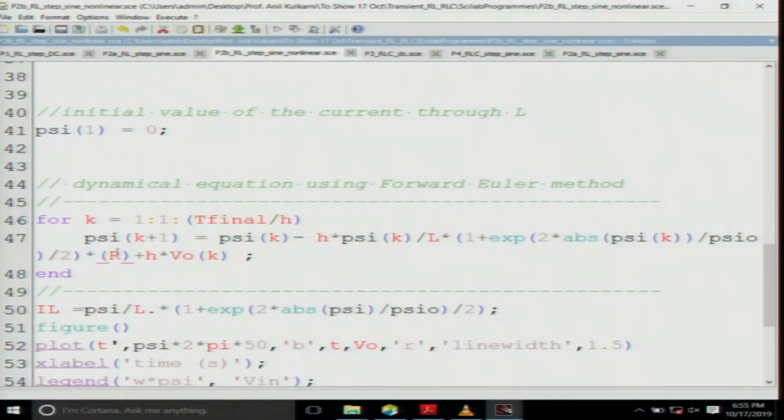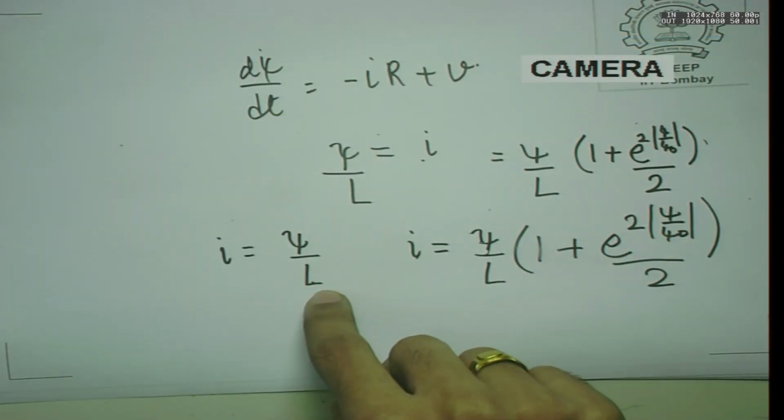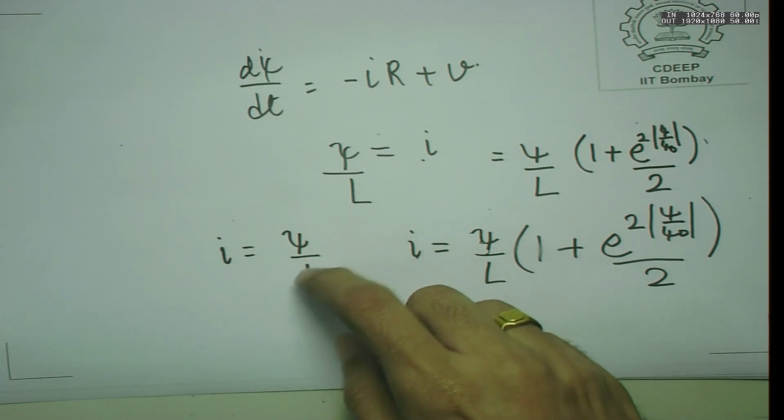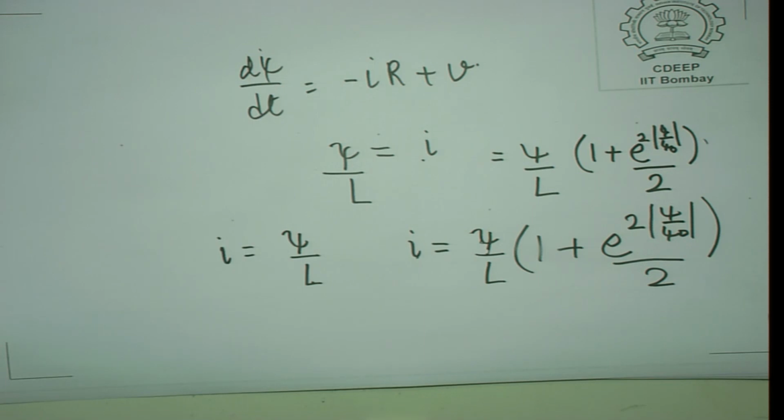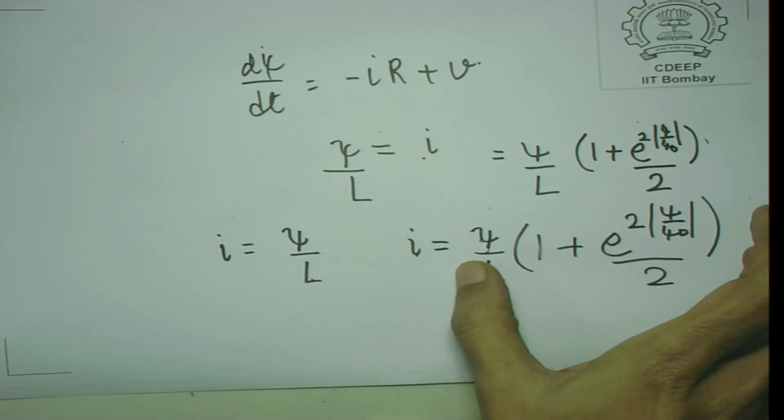What I have replaced here is this function. I have replaced I by the function shown here. Earlier I had psi by L as I, or Li is equal to psi, and I had written the differential equation in terms of I, which is okay. But now I have rewritten the differential equation with this nonlinearity.